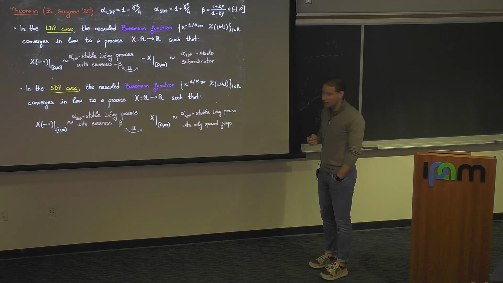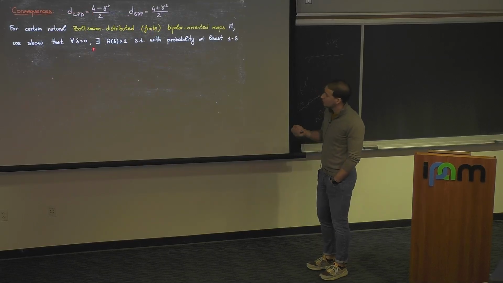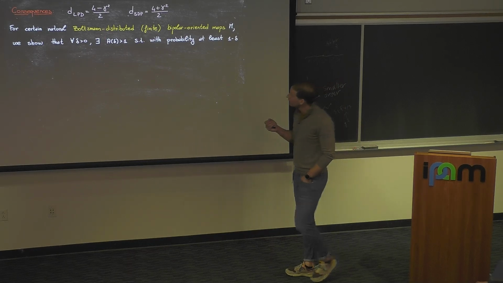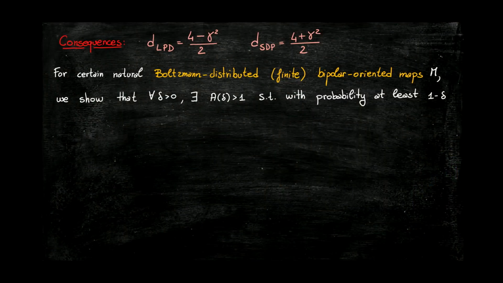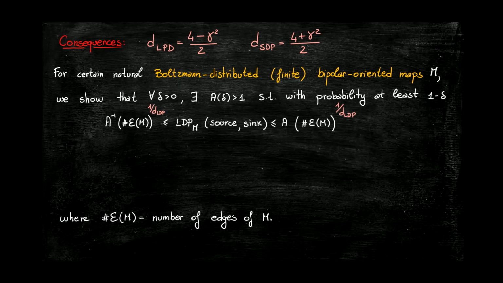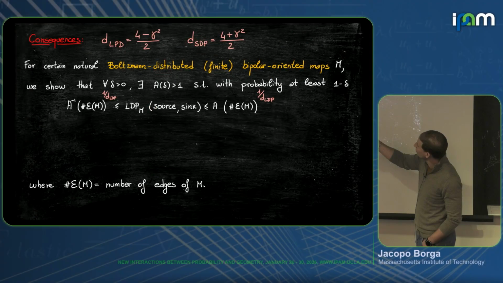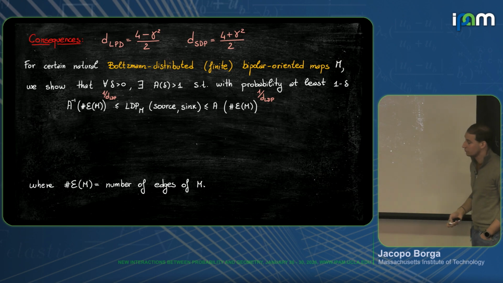OK, it has immediate consequences for certain models of finite bipolar maps in the gamma universality class. I don't want to enter into the details. Again, fix your favorite value there. There is a model that is Boltzmann type. We have the following: the longest directed path between the source and the sink scales, up to constant, like the number of edges, the size of the map, to 1 over the dimension of the LDP, where the dimension in the LDP case is this value here.